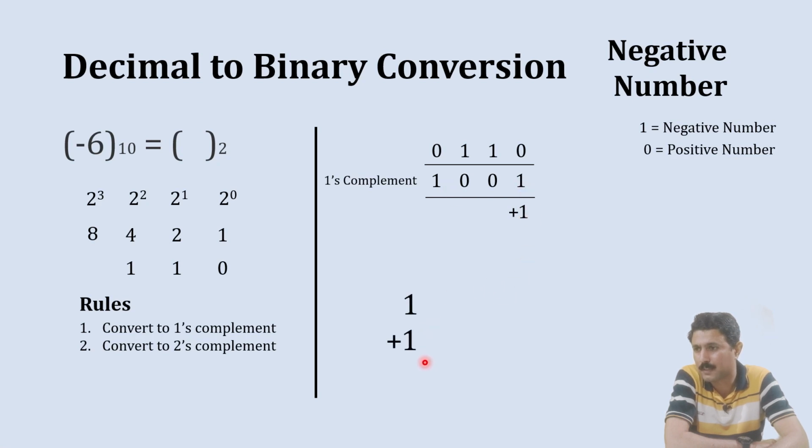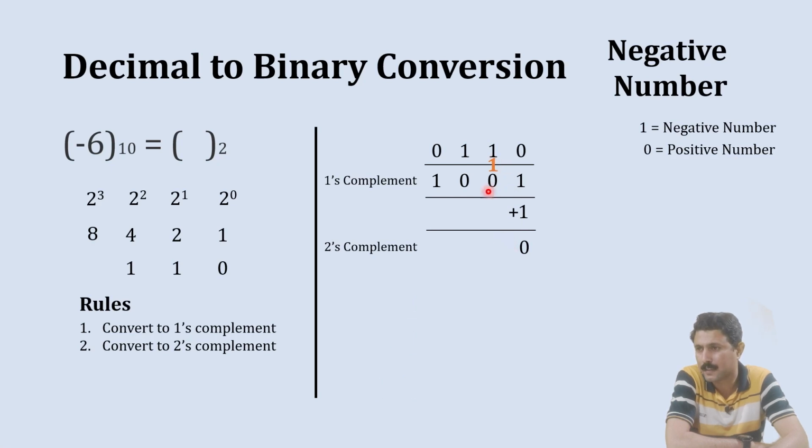So 1 plus 1 is 2. In binary, 1 plus 1 is 1 0, because the binary equivalent of 2 is 1 0. So 0 here, and the remaining 1 will come as a carry over here.